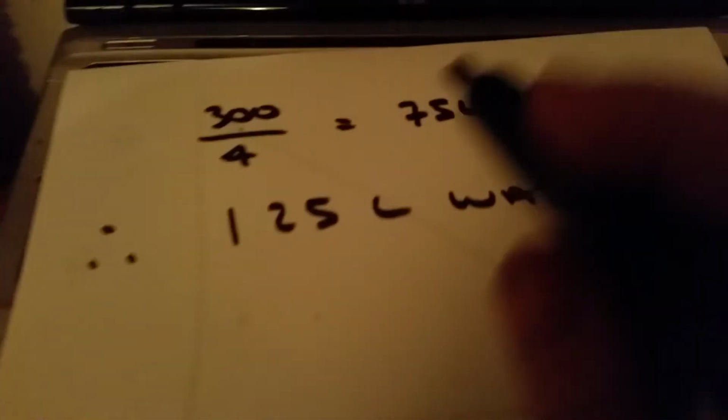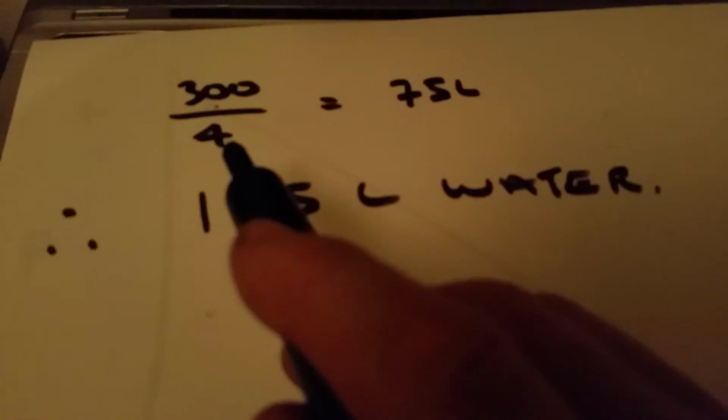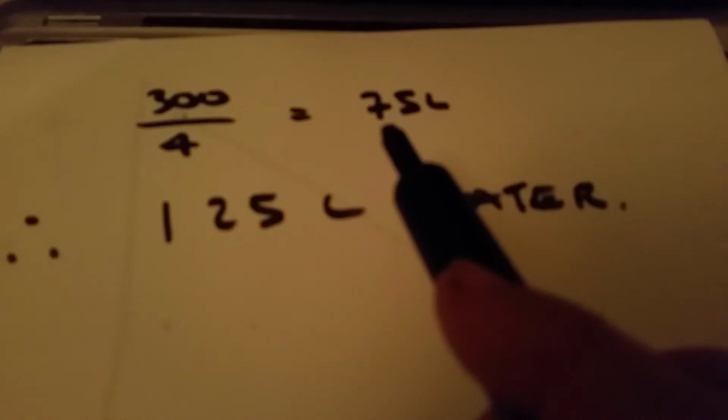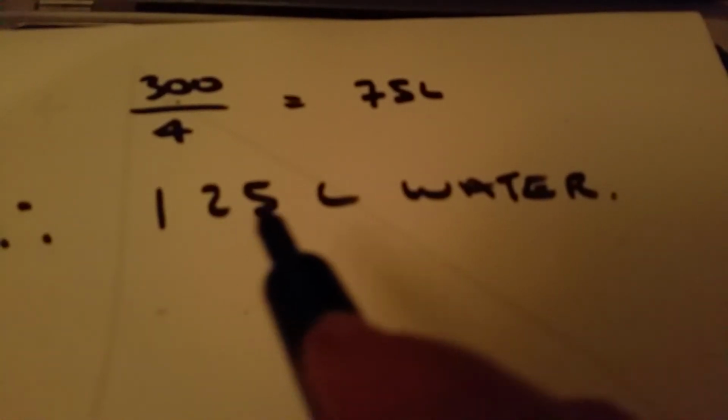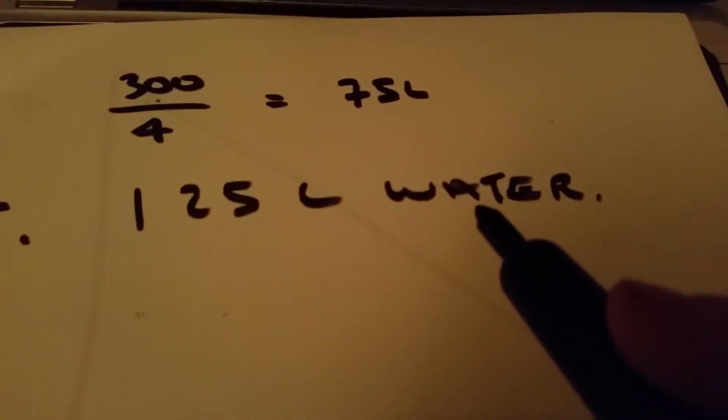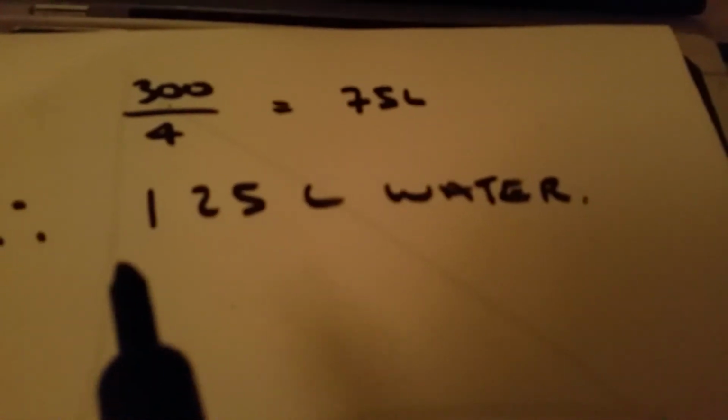So if we do that sum, 300 divided by 4 equals 75 litres, which means in a 200 litre vessel we've now got the membrane only occupying 75 litres of the vessel, giving us 125 litres of water stored at 4 bar pressure. Now that could be quite useful.